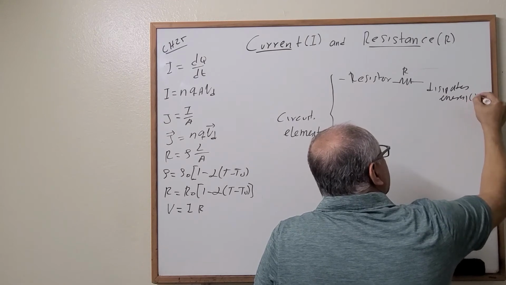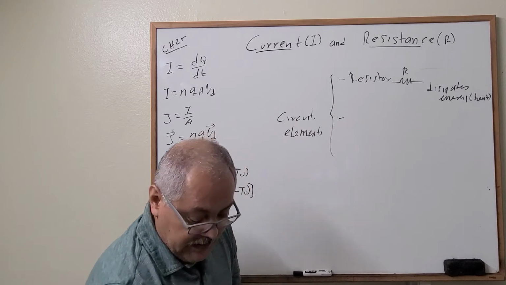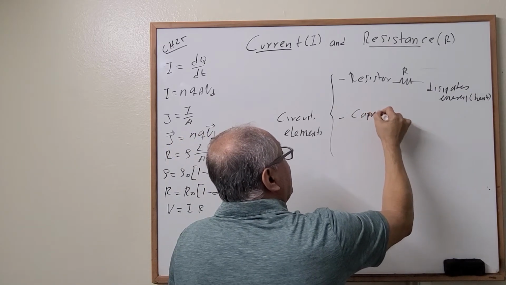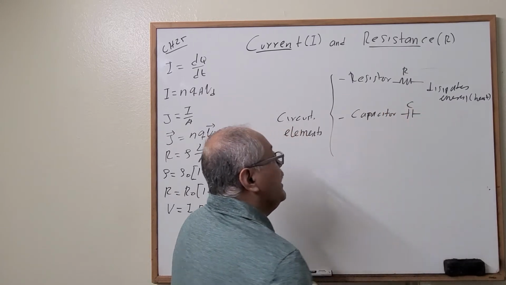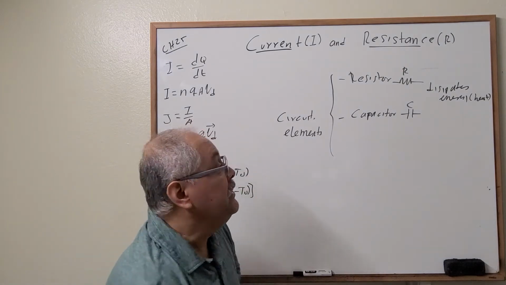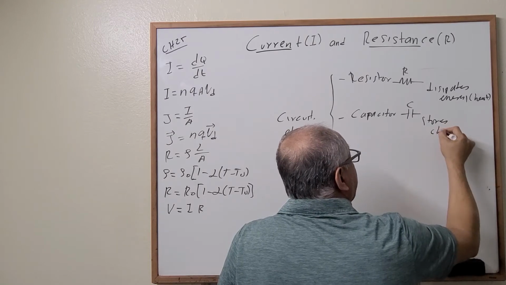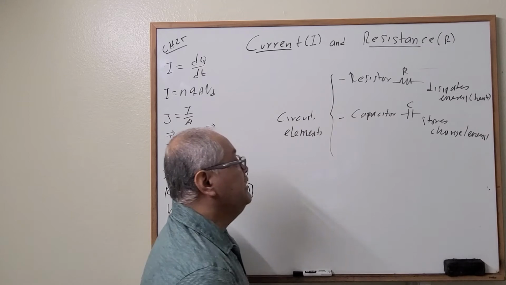The next element for a circuit is going to be the capacitor. We already covered that one. This is the symbol, remember, this is C. And the main function of a capacitor is to store charge and energy, electric energy.